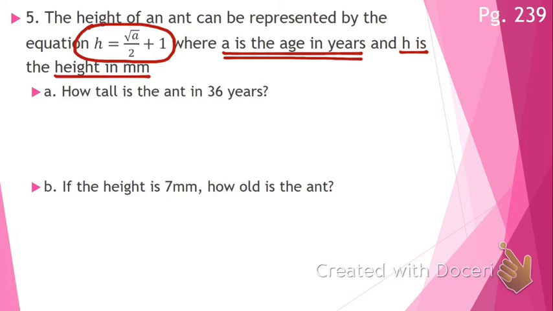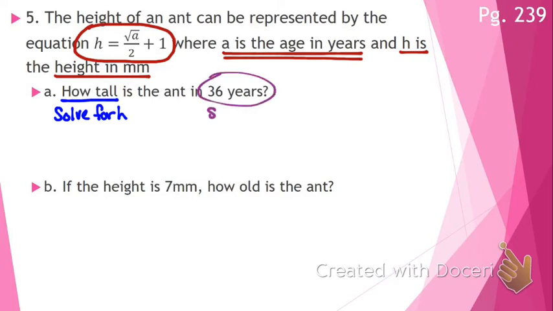So, how tall is our first question? If I want to know how tall, am I looking for A or am I looking for H? We're going to solve for H, for the height. How tall is the ant in 36 years?